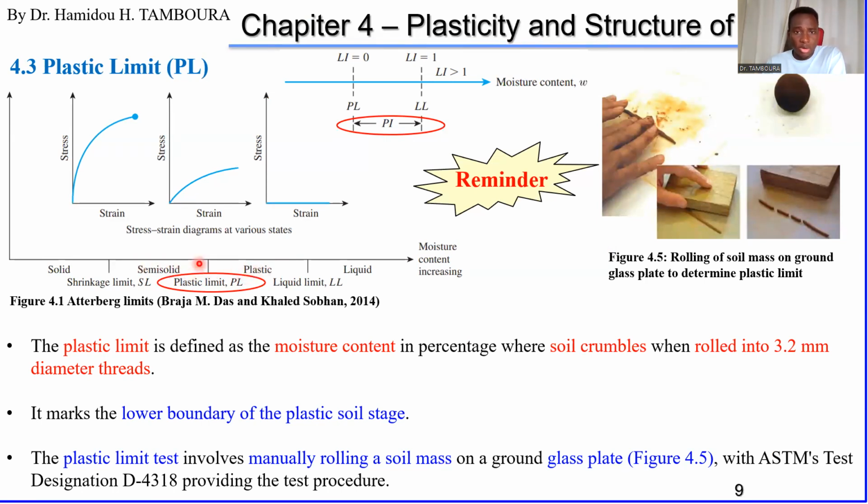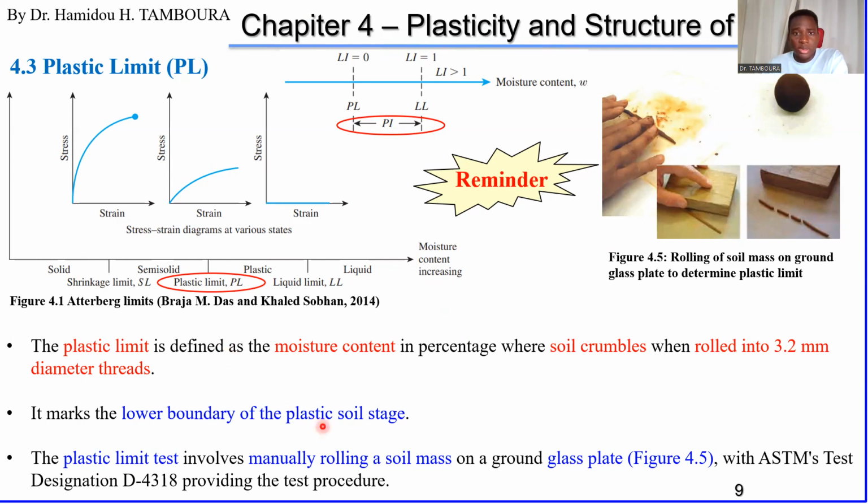And the plasticity index, PI, is just liquid limit minus plastic limit. I hope you know all this information already. If you don't know, I advise you to go back and check chapter number 4.